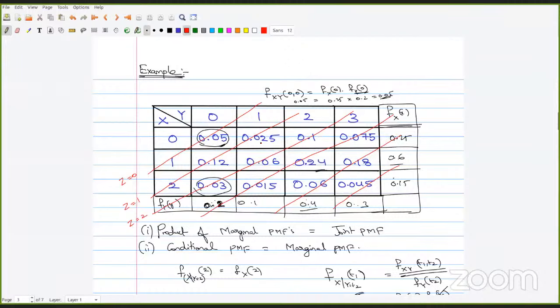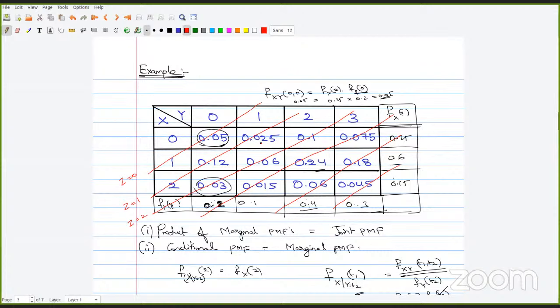Both should be 0, right? The only case possible is both should be 0, or else the sum will be more than 0. So asking the probability that the sum is 0 is the same as asking the probability that X equals 0 and Y equals 0, right?